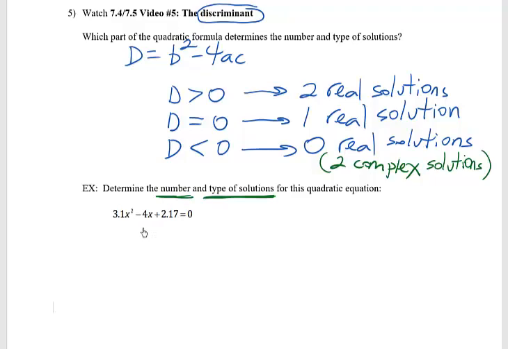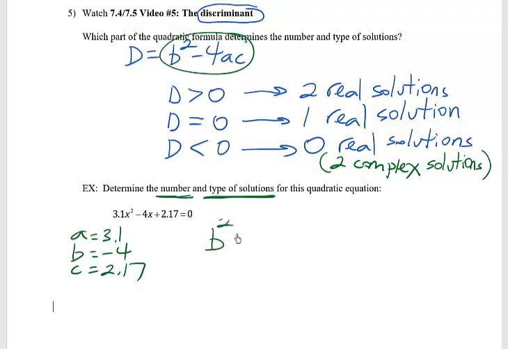Well, all I have to do is calculate the discriminant, use this chart, and I will know. This equation is already in standard form. It might not be a bad idea to list out my a, my b, and my c: 3.1, -4, and 2.17. I don't have to calculate the whole quadratic formula, just the discriminant.